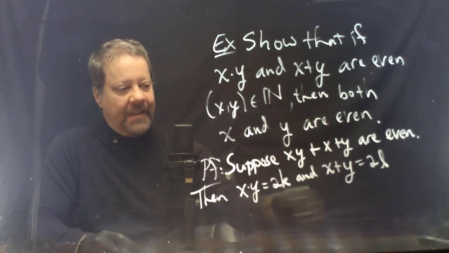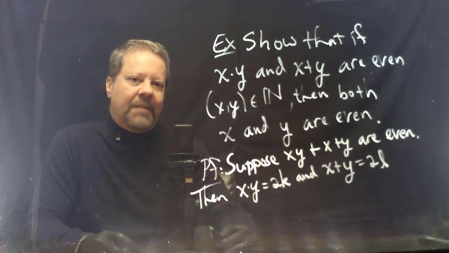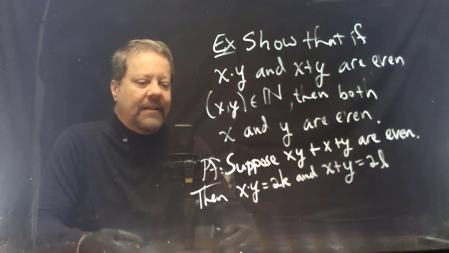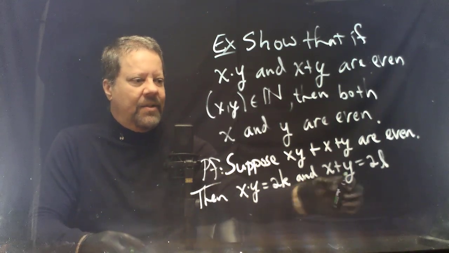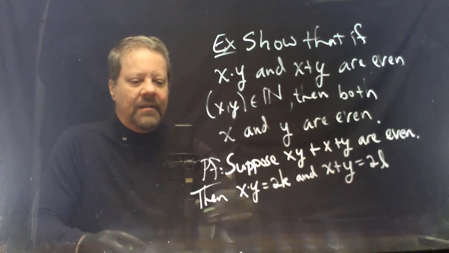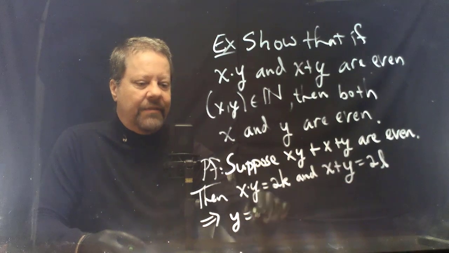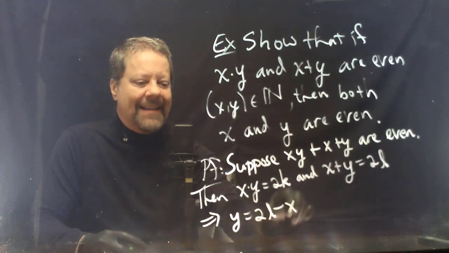Now we just have to eliminate one variable and try to prove that x is even and y is even as a consequence. Using the process of elimination, we see that y, moving the x over, is 2l minus x.